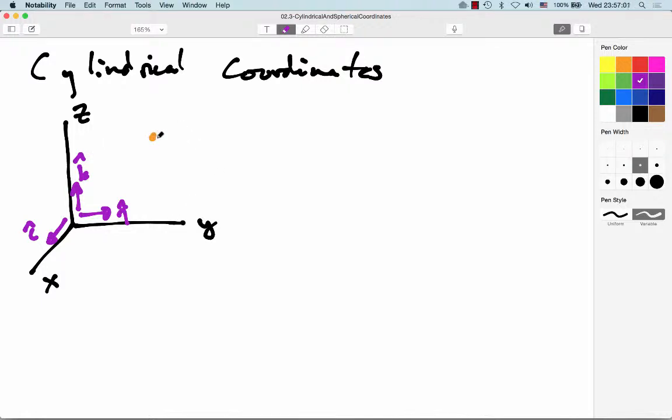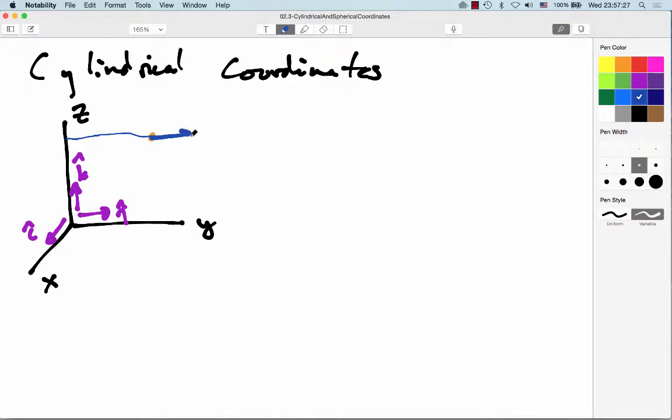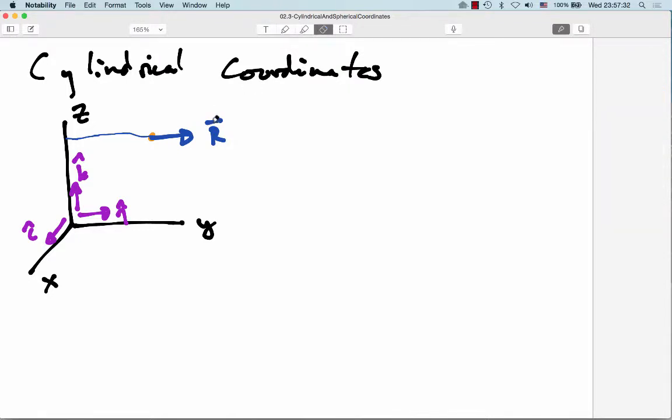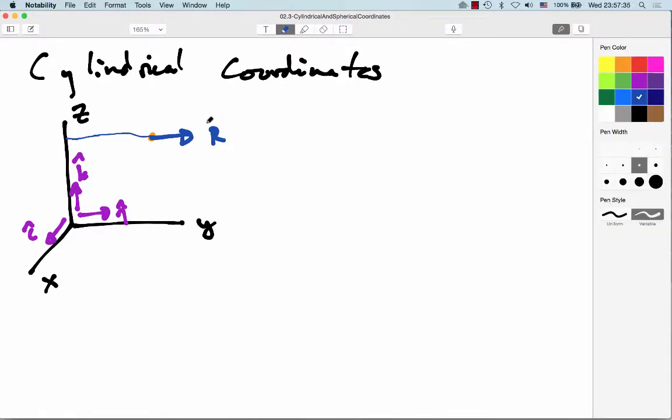Now if this is my location here, it turns out that for me to define some cylindrical coordinates, my unit vectors will be, first, if I imagine just dropping a perpendicular off the z-axis and going across, the unit vector that follows that out, that's r hat.